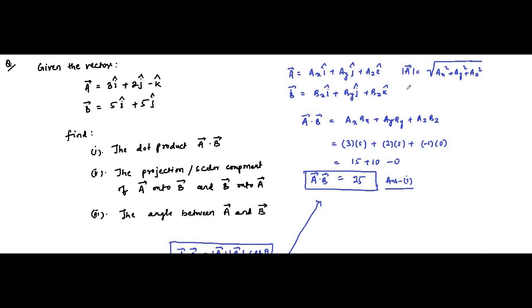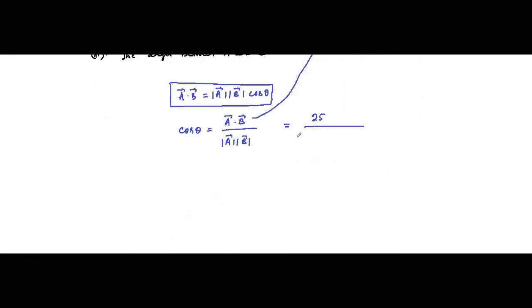Similarly, b vector modulus is expressed as root over bx square plus by square plus bz square. So here it will be first the root over 3 square plus 2 square plus minus 1 square. Then we have 5 square plus 5 square plus 0 square.